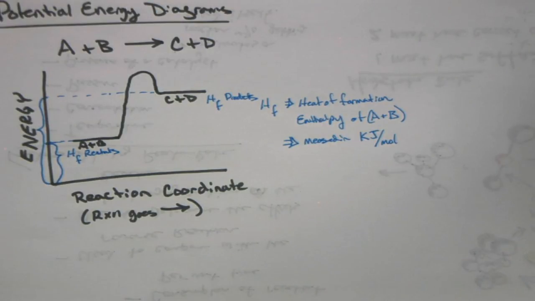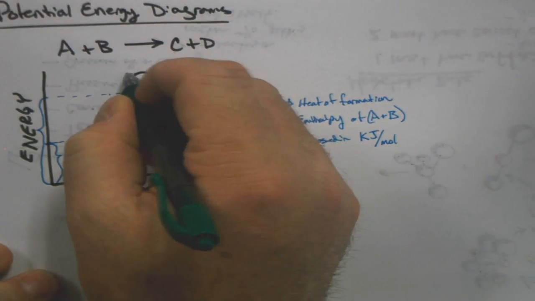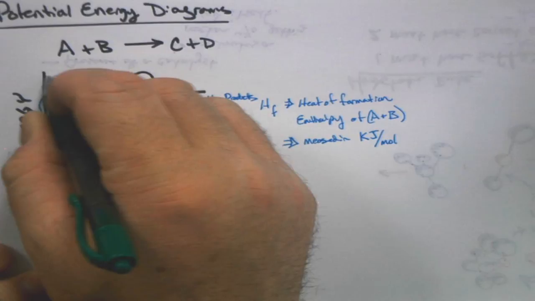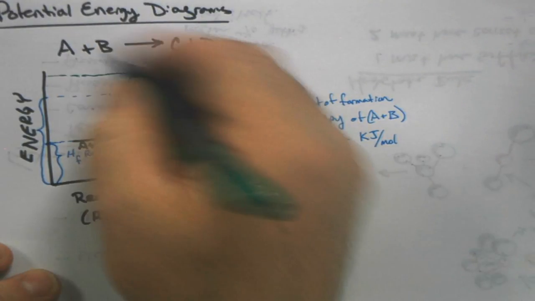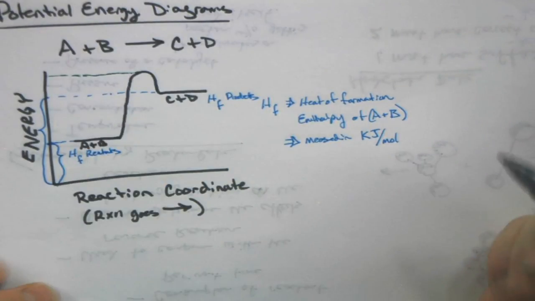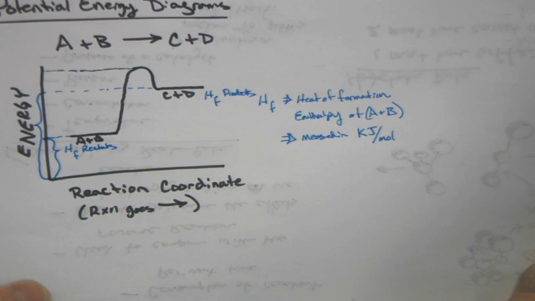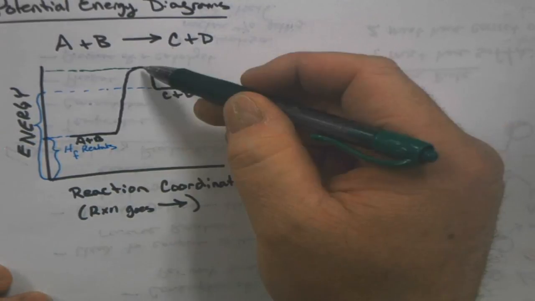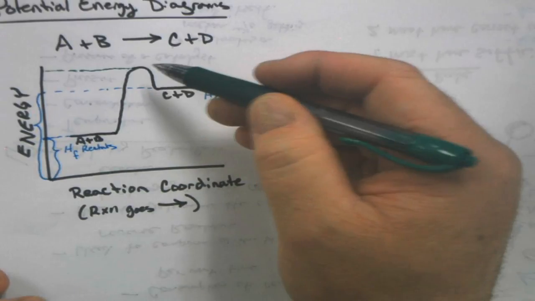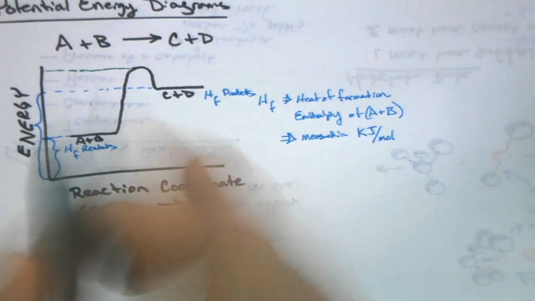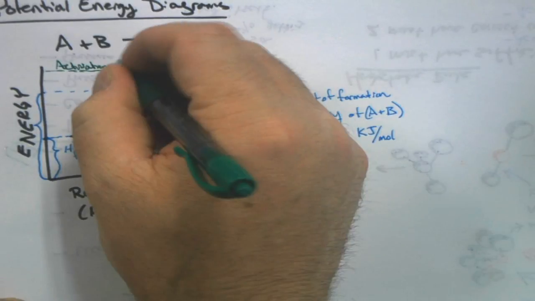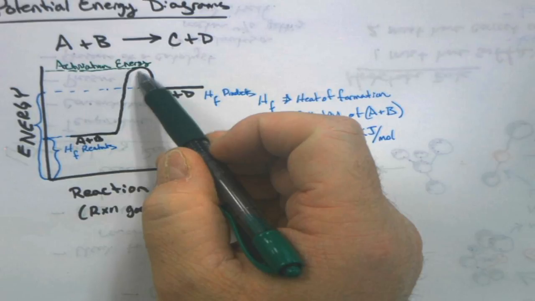And this value right there, this value is called what? We've defined it. This is the amount of energy. It's the activation energy. It's not the complex yet. So this right here is the activation energy.